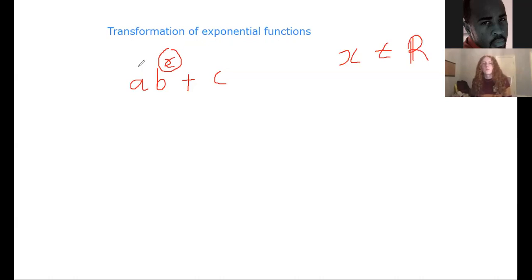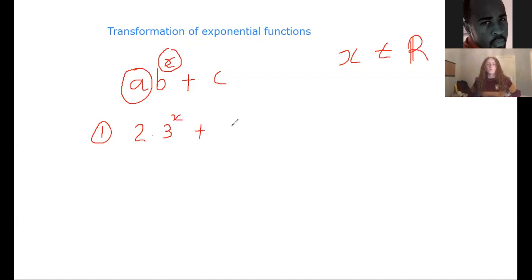Now, in the exponential function, a has an effect. Case number one: let's say a is 2, and that's 2 times b, let's call b 3, to the x, and we're adding 0.